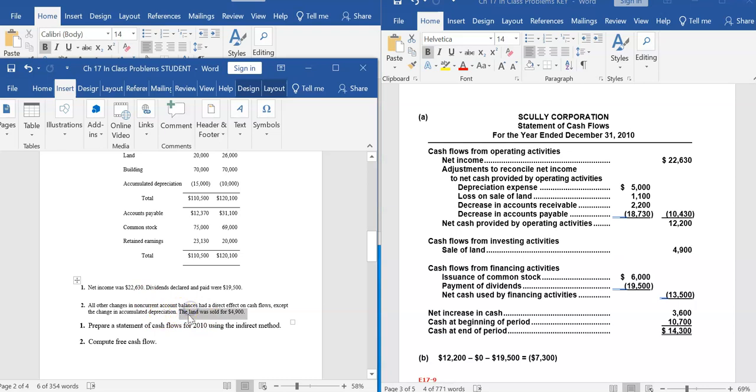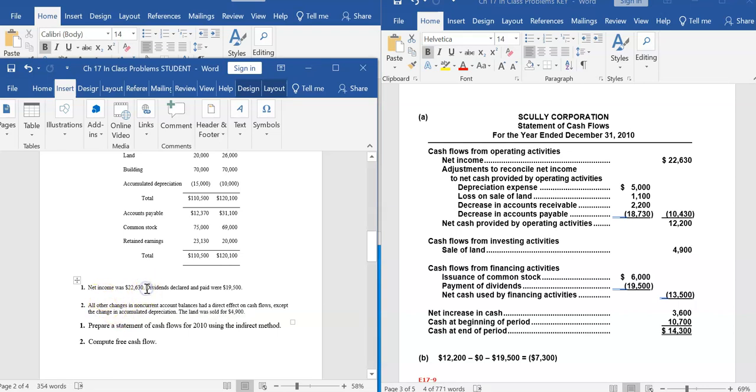We were told that the land was sold for $4,900. That means we would have had a cash inflow of $4,900 during the year.